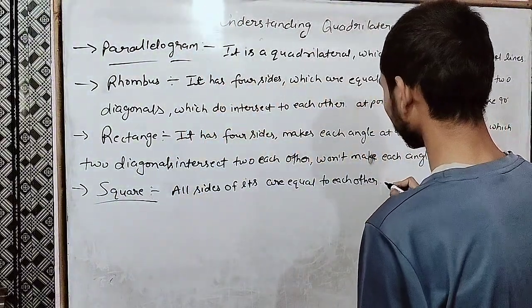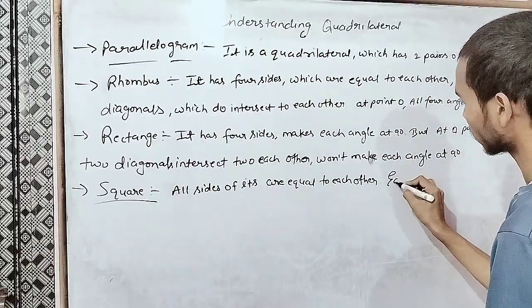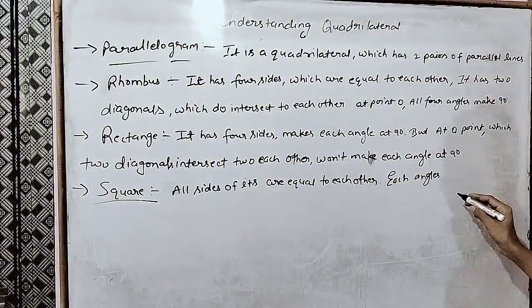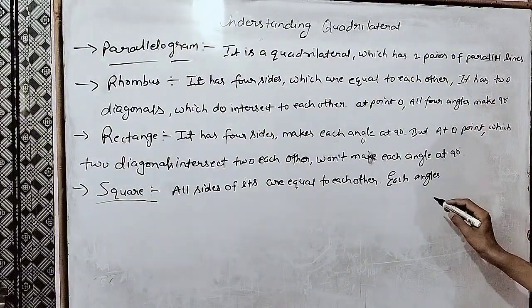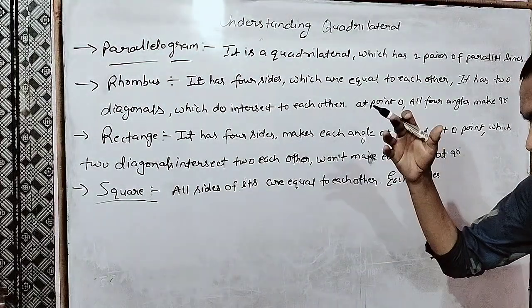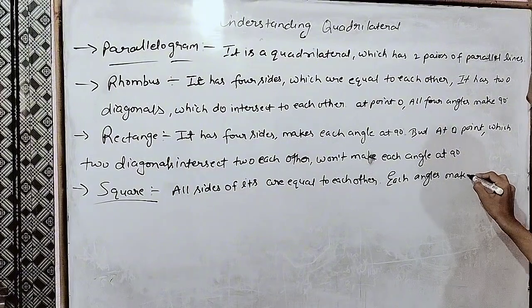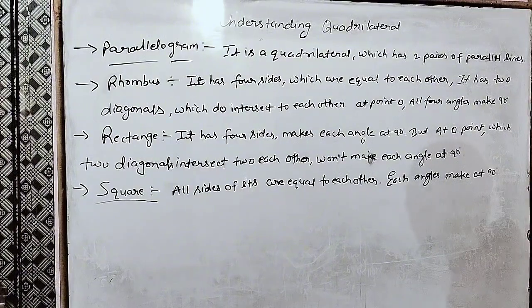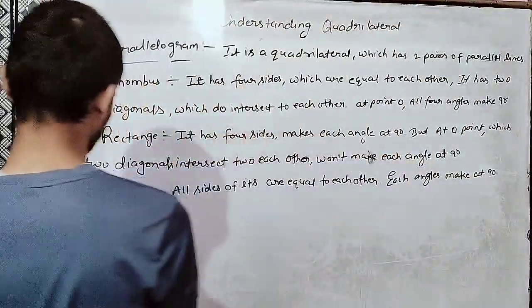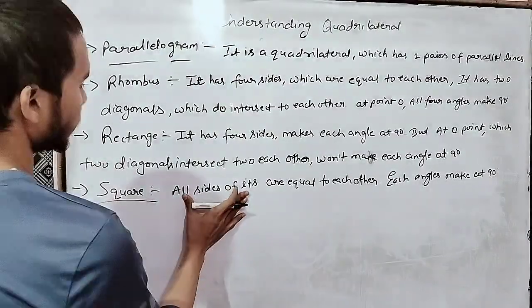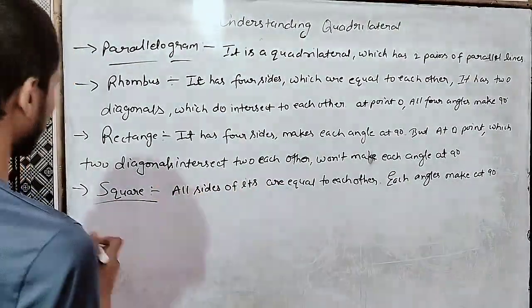Each angle makes 90 degrees. All sides of it are equal to each other. Each angle is 90 degrees. Clear? That's it, I think. And here this is a difference.